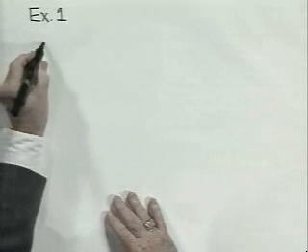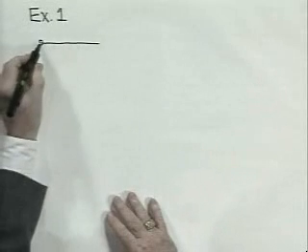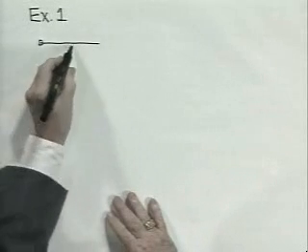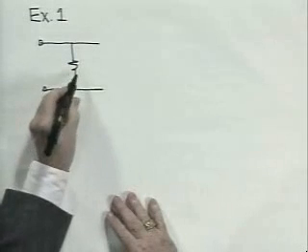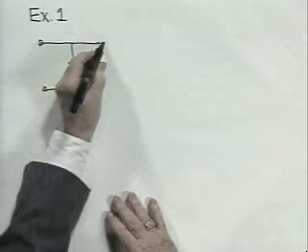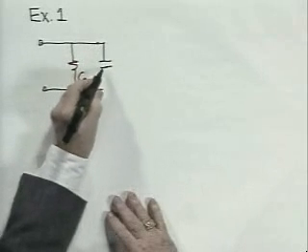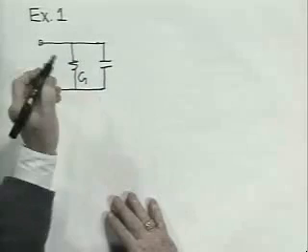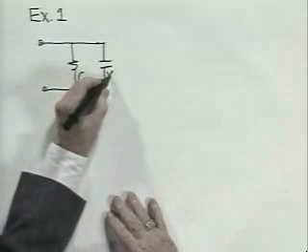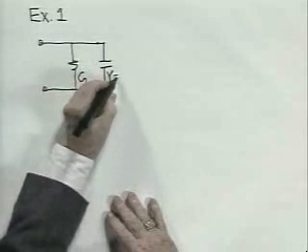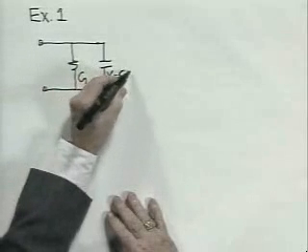A current divider. Parallel combination of two elements, a conductance, G, and a capacitance. Because these are in parallel, I'm going to write it in terms of its admittance, Y equals CS.